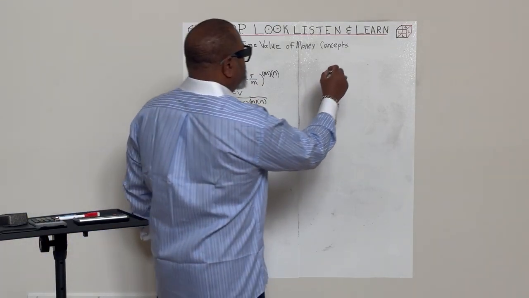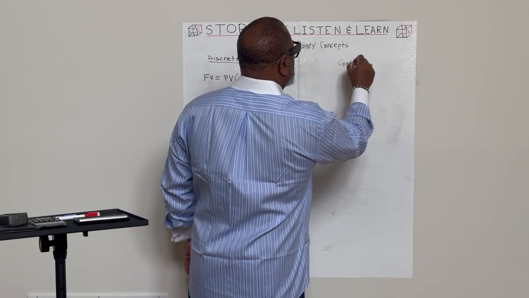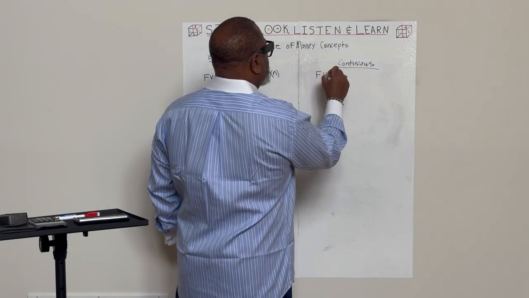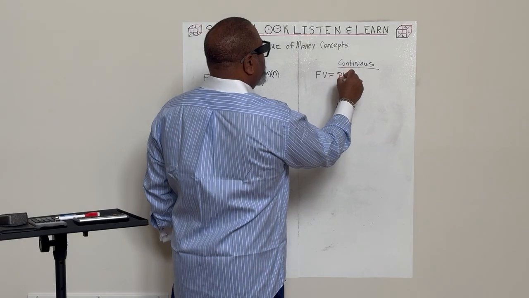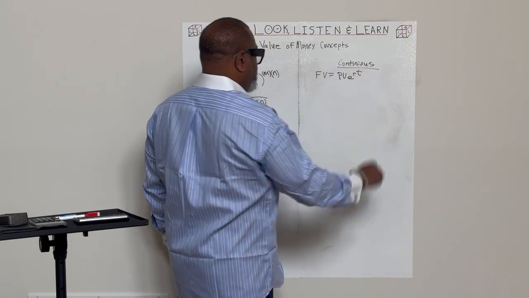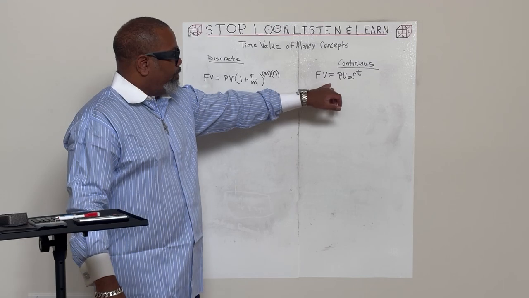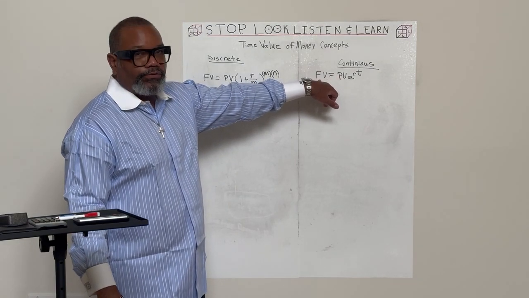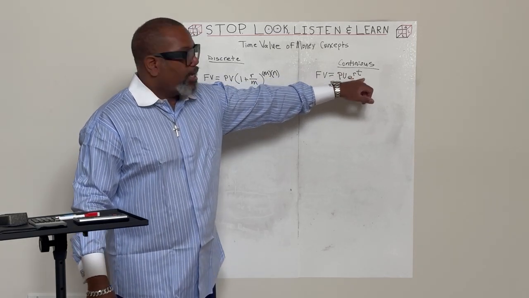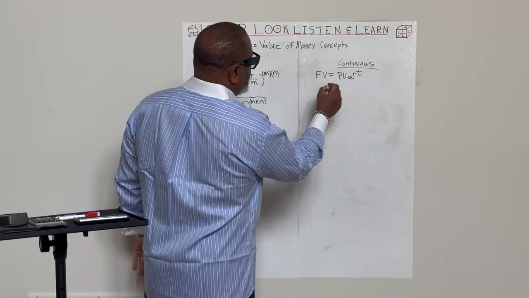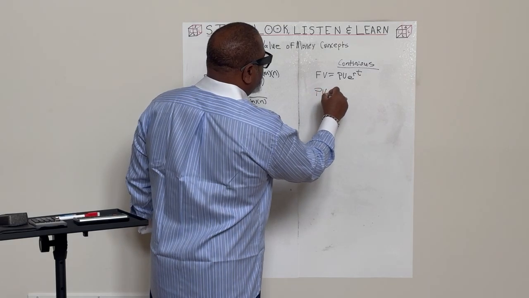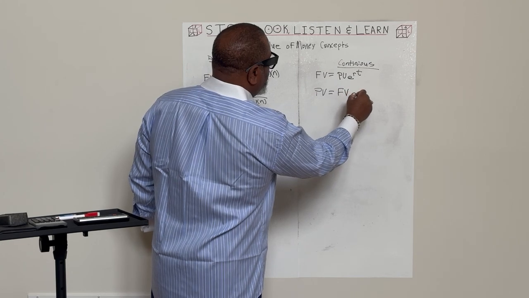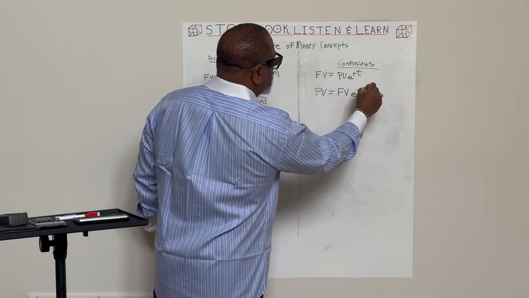Now, if we go over here to the continuous case, it says future value equals present value times e to the RT. Now, it's the same thing. So if you want to know how much you need to invest today in order to have a certain future amount after a certain period of time, you could write it like this: present value is going to be equal to the future value times e to the minus RT.